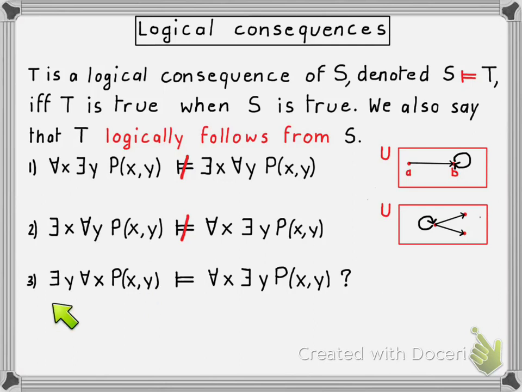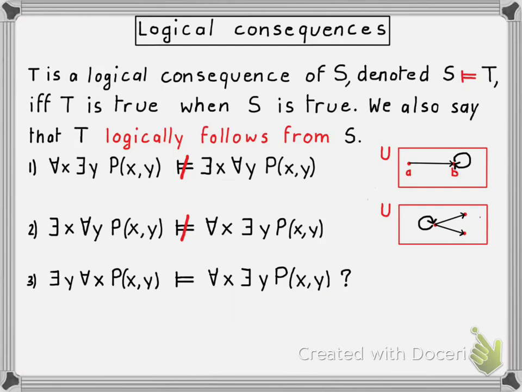So if there exists a y such that P of xy holds for every x, that means there must be at least one element in the universe that has arrows coming into it from every element in the universe, including itself. So if that is the case, then I will argue that this must also be true.